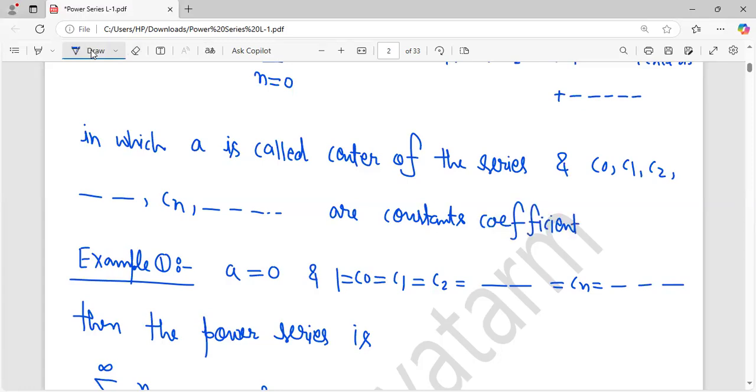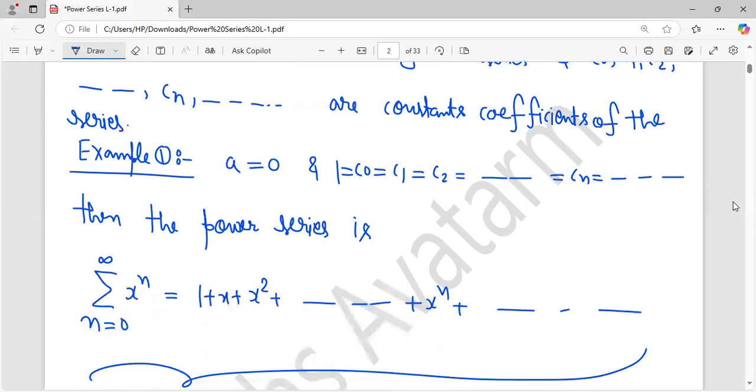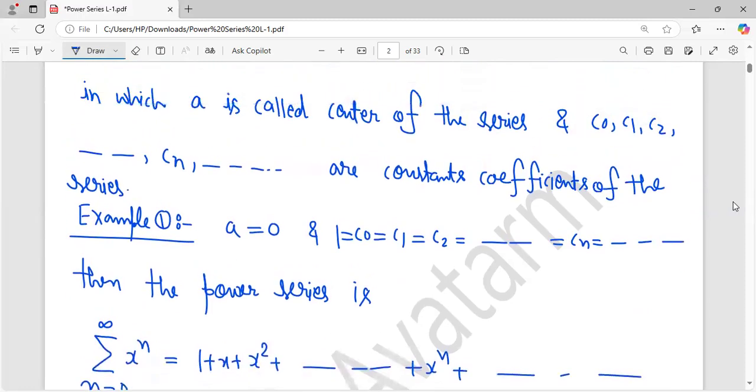In a power series, a is also constant, that is called the center of the series, and Cn are the constant coefficients of this series. They are coefficients of the series, or you can say coefficients only, okay?